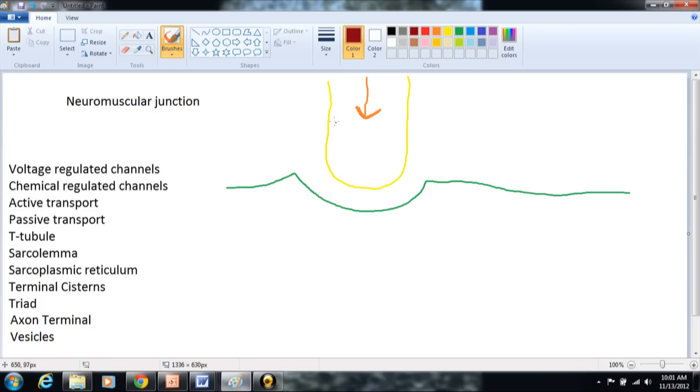On the axon terminal, there are gated channels that, when stimulated by the action potential, cause calcium to flow into the cell. So this is a voltage regulated channel.